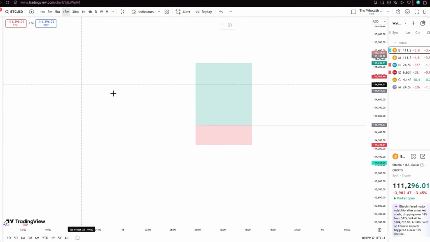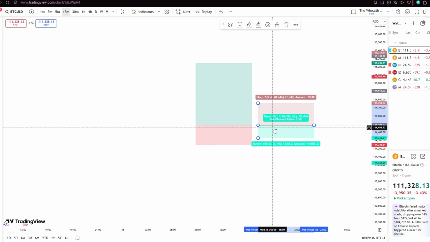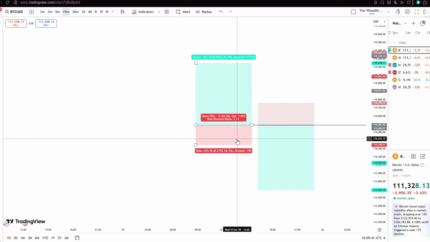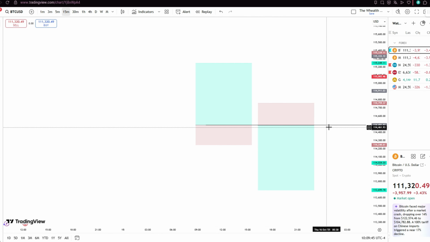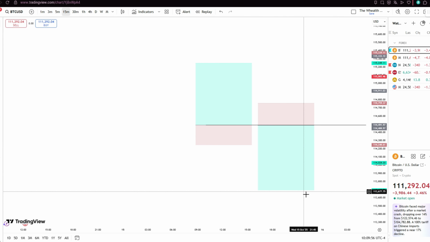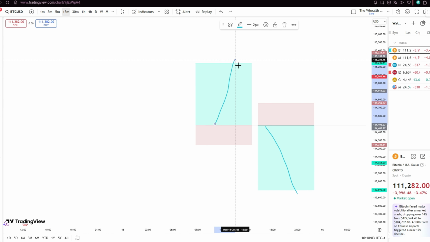Vice versa, if we go short, you enter also at 114.49197, so your stop loss would be above your entry and your take profit below your entry, because when you go short you want to see us going down, obviously, and if you go long you want to see us going up.